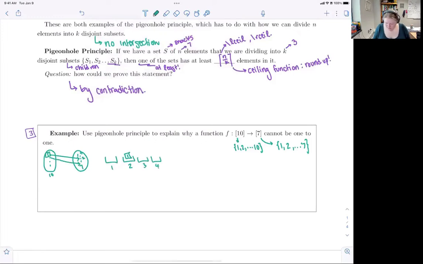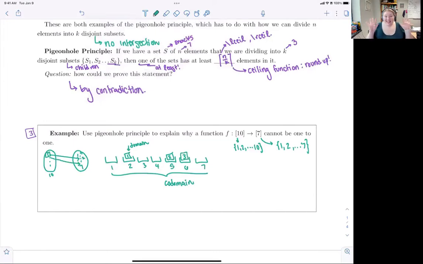So 4, 5, 6, 7. Here are the values of the codomain. And then the objects that I'm putting in are elements of the domain. So maybe I map 2 to 5 is what we said, and maybe 3 goes to 6, and so on and so forth. So what I'm doing is distributing 10 objects into 7 boxes.